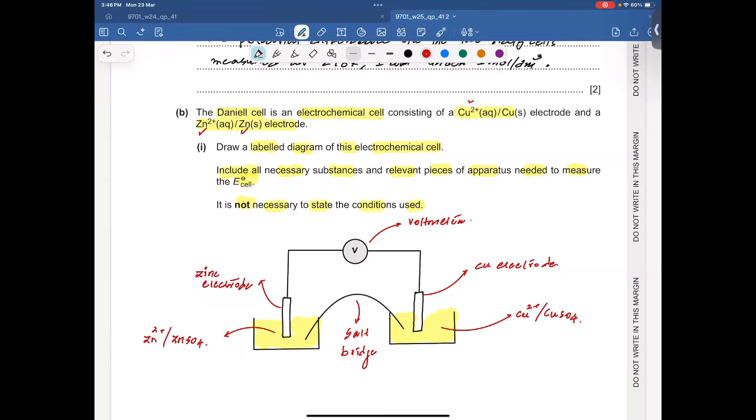By the way, there is as such no big difference between voltaic and Daniell cell, because voltaic and Daniell are both electrochemical cells and both have the same function: they turn chemical energy into electrical energy.